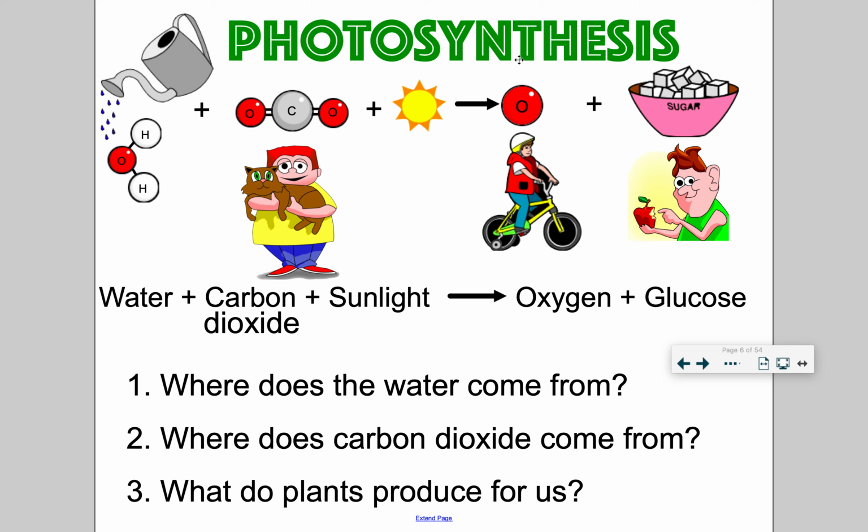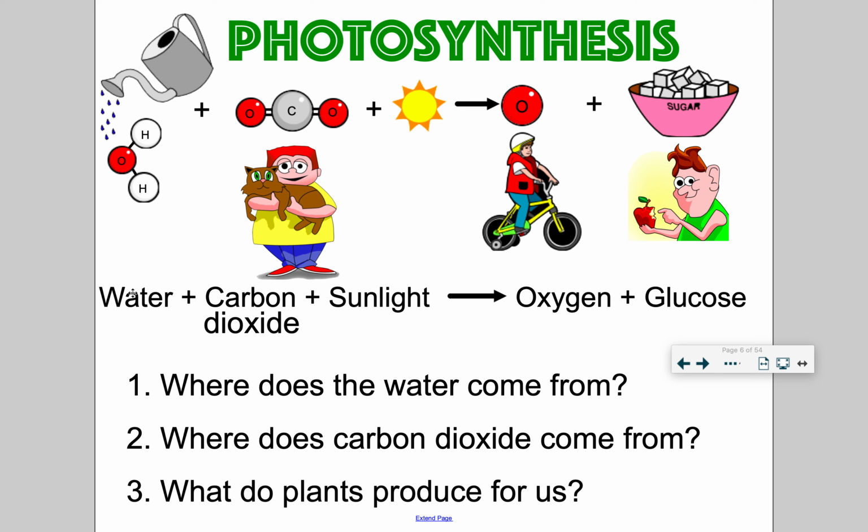So, question for you: where does the water come from? It comes from the sky. It rains down onto the plant. That plant's living outside, or maybe it's your household plant in your house and you water it. So where does that water come from? It comes from the water cycle. It comes from the soil.